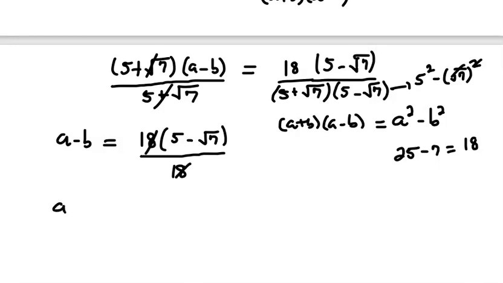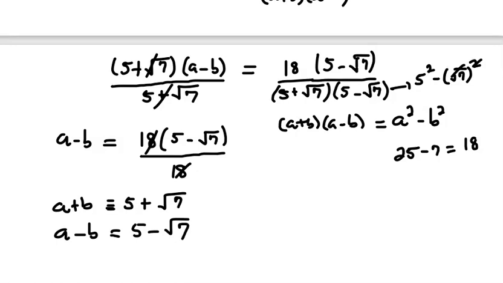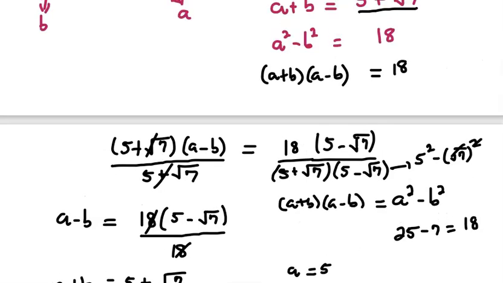Now let us recall, we know that A plus B is equal to 5 plus square root of 7, and we have A minus B is equal to 5 minus square root of 7. So it is very clear from here that A is equal to 5 and B is equal to square root of 7, right?